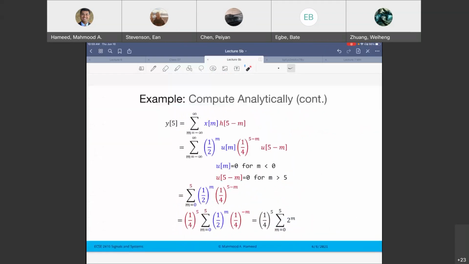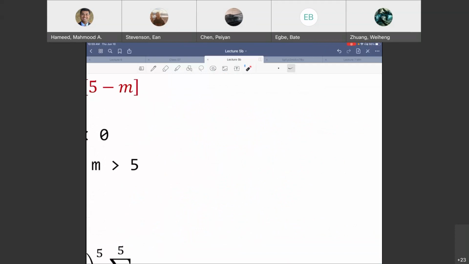Now, let us suppose you don't want to agree with this without a sketch. How do you look at it in terms of a sketch? Well, this is going to be your u of m, right? This is m, this is u of m. I need u of 5 minus m, right?